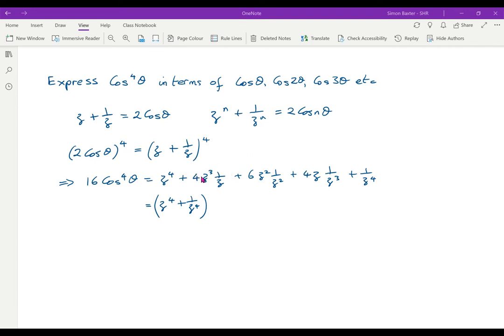Well, what happens here? z cubed over z is z squared, and z over z cubed is 1 over z squared.